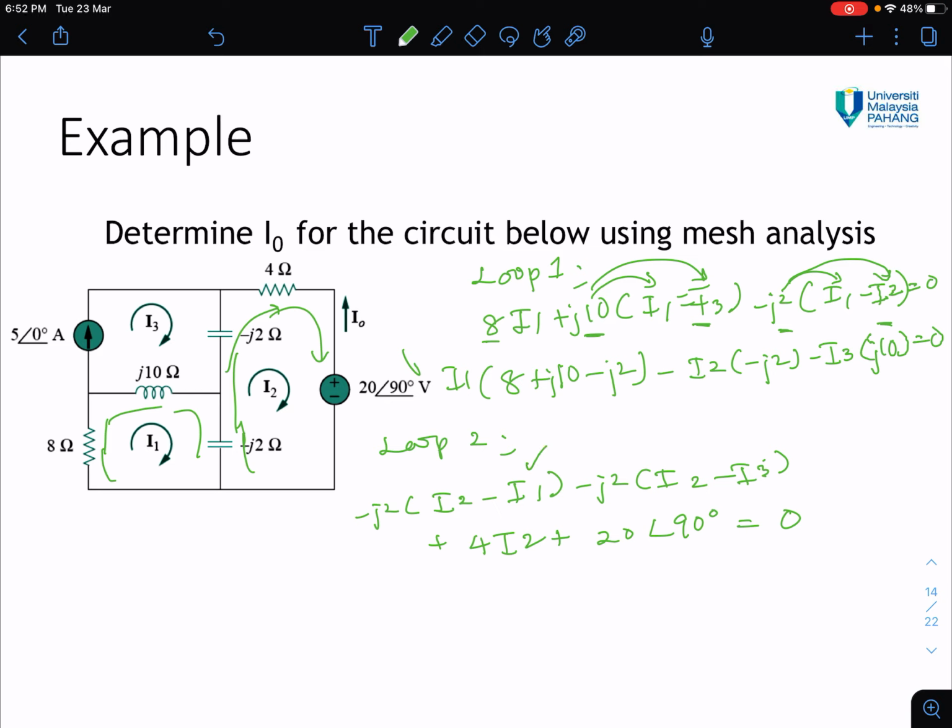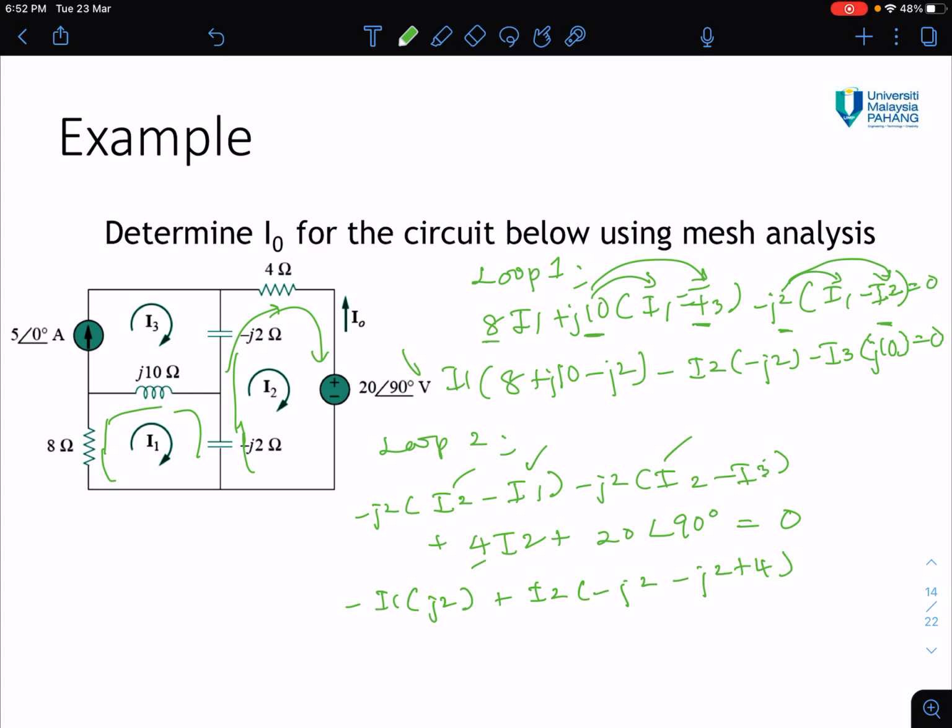Starting with I1: negative j2 I1. For I2: plus I2 times negative j2, negative j2, and then we have 4 here.